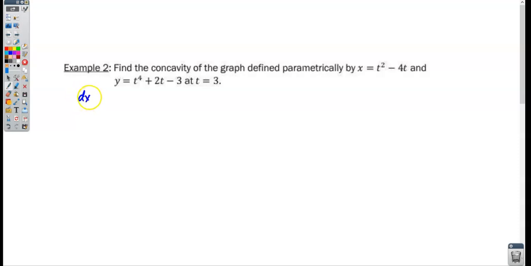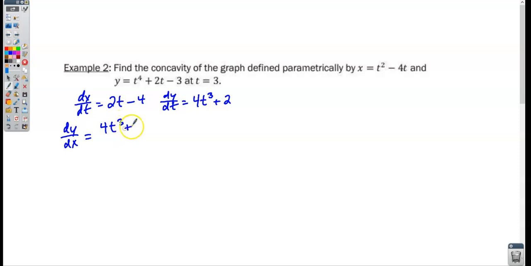So I find dx dt is equal to 2t minus 4, and dy dt is equal to 4t to the third plus 2. Therefore, dy dx is equal to 4t to the third plus 2 all over 2t minus 4.